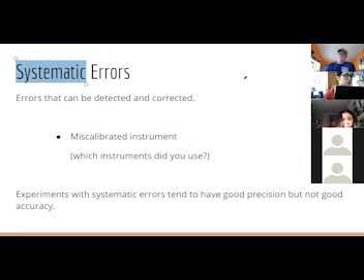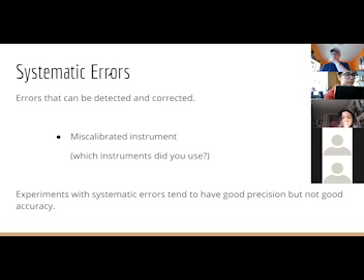How can something be precise but not accurate? Someone give me a definition of precision. Precision is like when the values are close to each other, and accuracy is when the values are close to the true value. Exactly right.